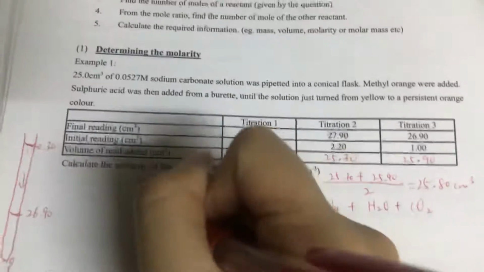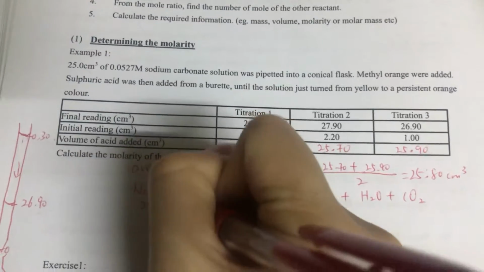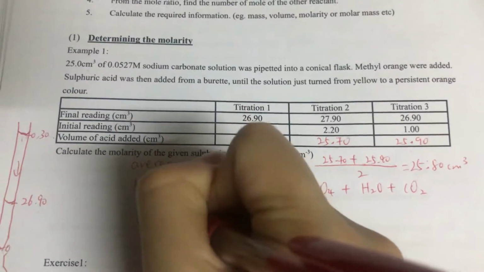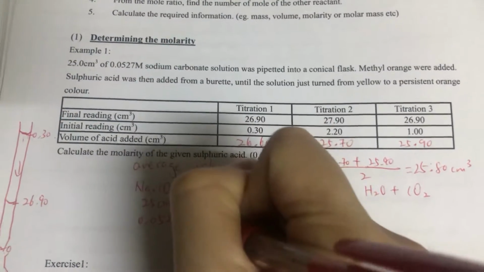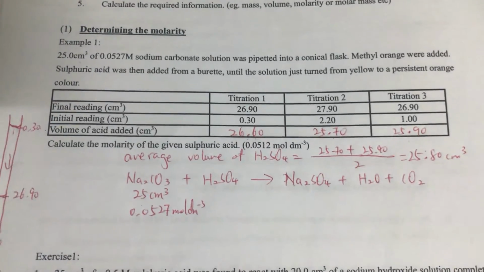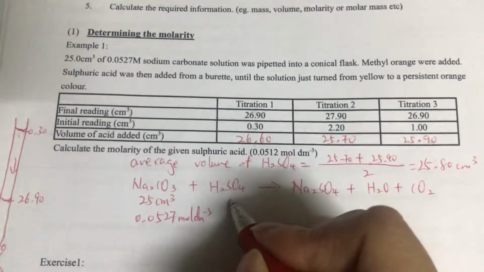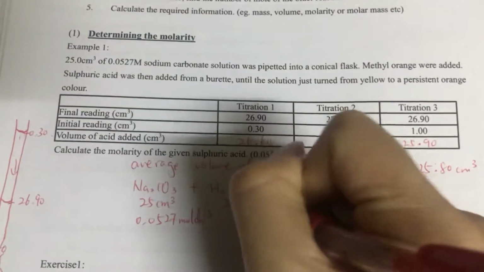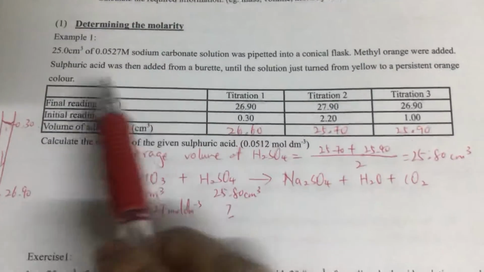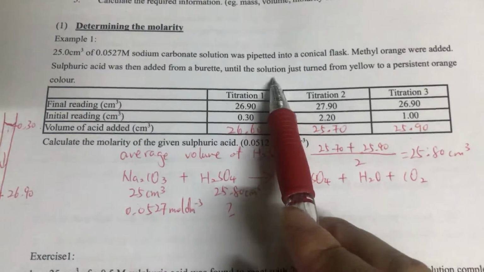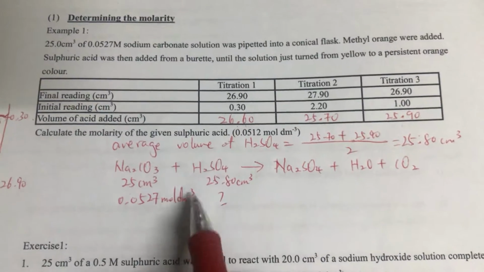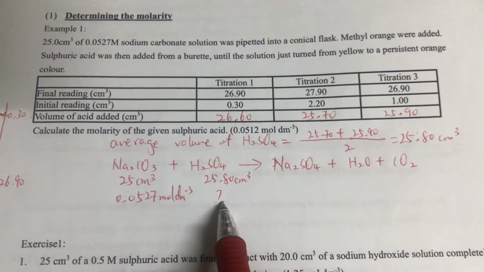Sodium carbonate is here, so I know that its volume is 25 cm cube, and its molarity is 0.0527 mole per dm cube. And for sulfuric acid, the volume will be 25.8, and molarity is a question mark because we calculate the molarity of the given sulfuric acid. That means we need to find it, so I put a question mark here.